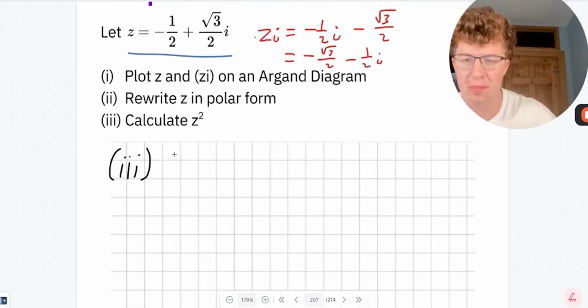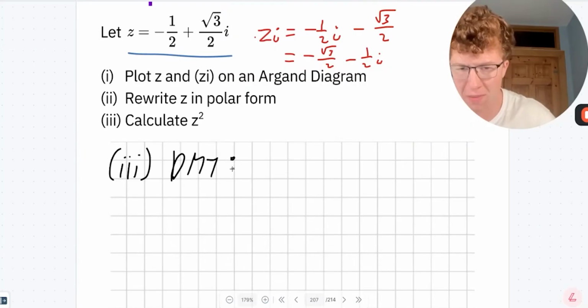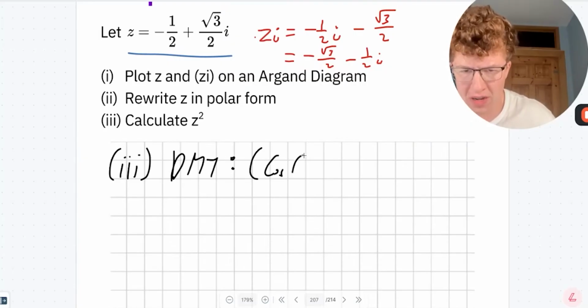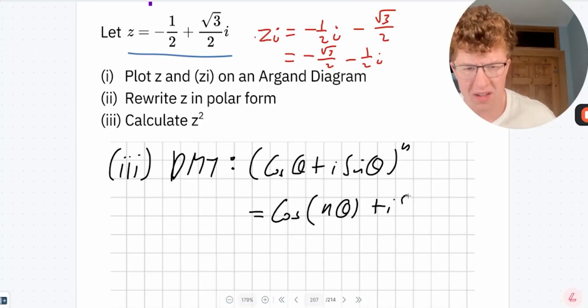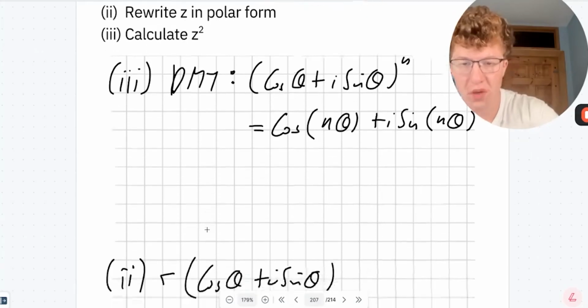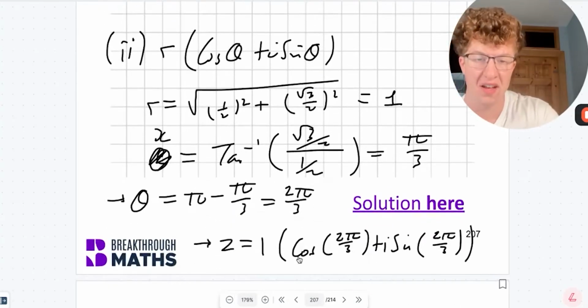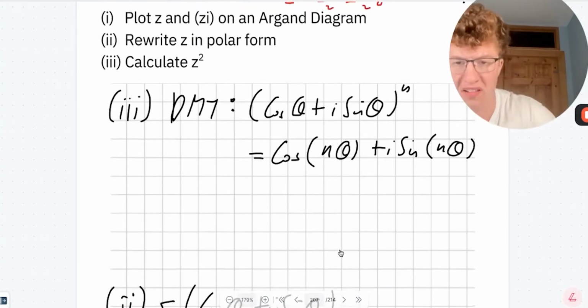To do that, we're going to use de Moivre's theorem. So de Moivre's theorem is cosine of theta plus i sine of theta, to the power of n, is equal to cosine of n theta plus i sine of n theta. Like that. So we already have z is cos 2 pi over 3 plus i sine 2 pi over 3.